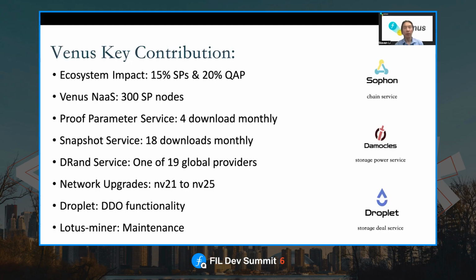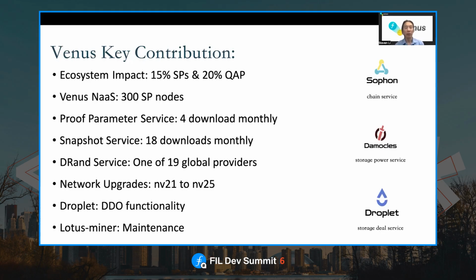Aside from the percentages, Venus Hub actually provides some other services. The first is Venus Node as a Service, NaaS, which supports nearly 300 SP nodes concurrently with elastic scalability to meet various demands.